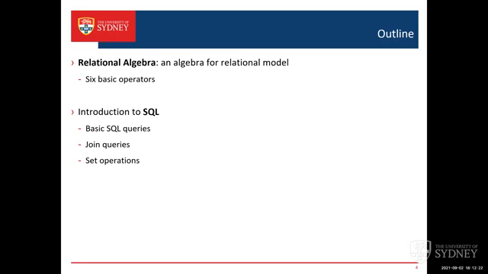In SQL, we will also learn about basic queries, some joins when we have more than one table, and set operations. We'll also cover SQL next week, so if something does not make sense, feel free to ask next week as well.